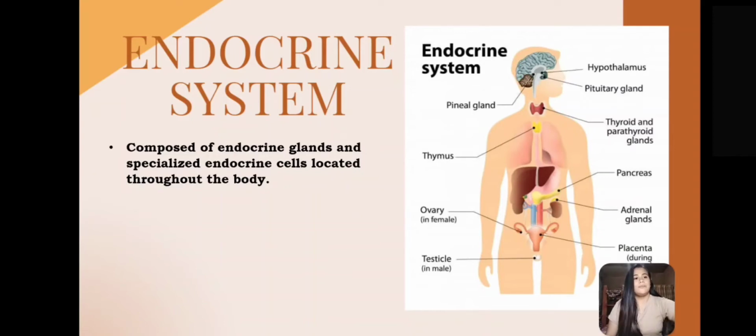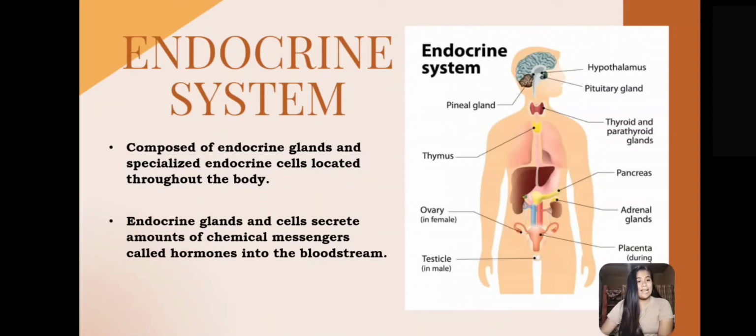So endocrine glands and cells secrete amounts of chemical messengers called hormones into our bloodstream. So what are these hormones?